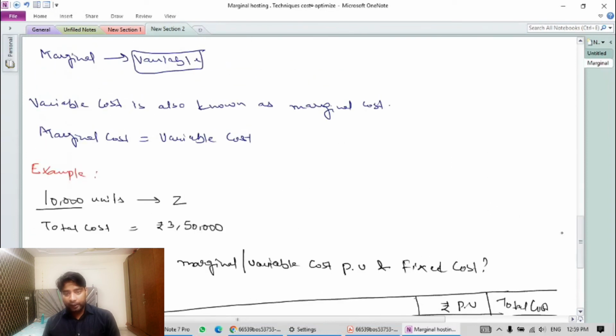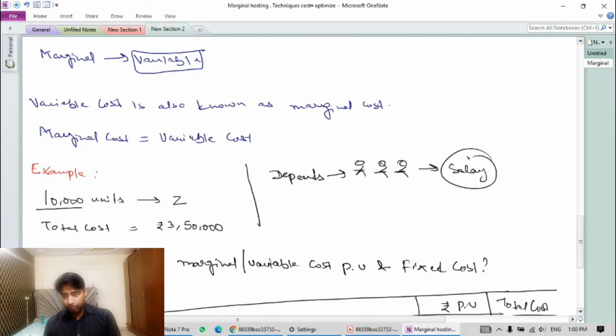Let me tell you, it depends upon the nature of the labor. Generally labor is variable because when we hire the labor, we give them their salary, which is based upon their production.